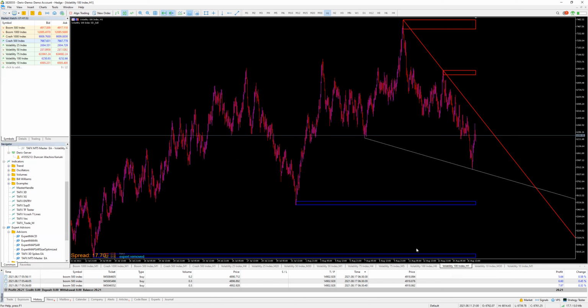This is why you need this system for lifetime, and practice every setting you think is good in your demo account, then apply it to your live account, and let me tell you, you will always smile, because professional traders will tell you, if you don't know how to identify the zones for support and resistance and consolidating zones, if you don't know how to use the trend lines or to draw the trade lines, then you know nothing in the market. And this is why the TFX MT5 Master EA is coded professionally. It has everything that's needed.